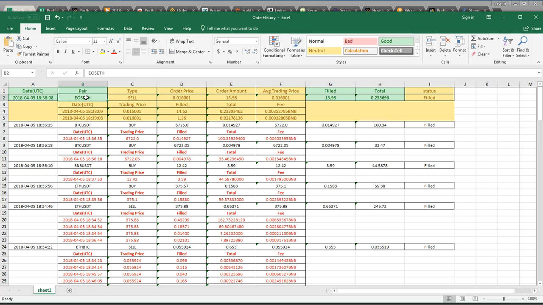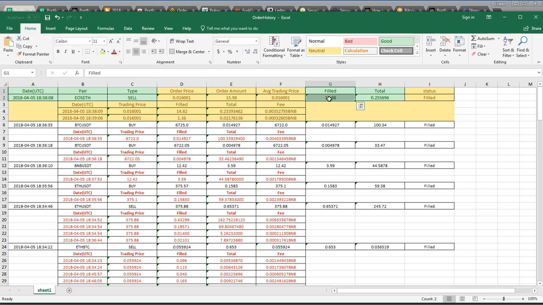So the pair tells us what coins are being traded, and we need that one too. The type tells us if we're buying or selling the first part of the pair. So this is telling me EOS is being sold. I'm going to need the date to look up the historical price of either Ethereum or EOS. Once you know one, you can figure out the other.